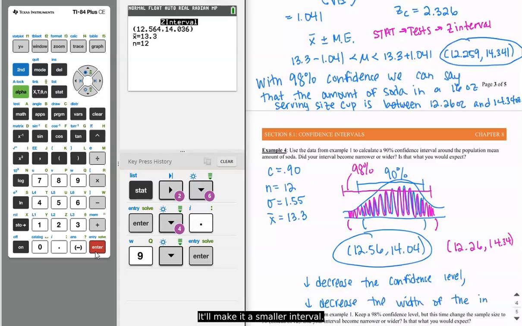It'll make it a smaller interval. And so the converse is true. If we went from 98 to 99%, we would see that it makes it a wider interval. So just keep that in mind. And again, we're just saying that as long as everything else stays the same.